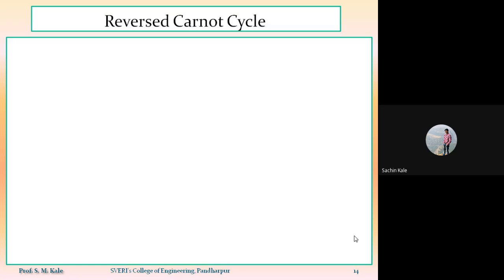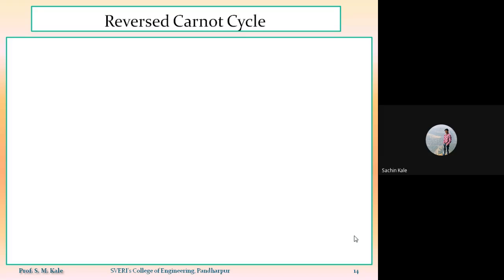Up till now you have studied various cycles, so you know how to analyze those cycles by using the PV and TS diagram. You also know that by using the area under PV diagram, you get the work supplied to the system or work obtained from the system.